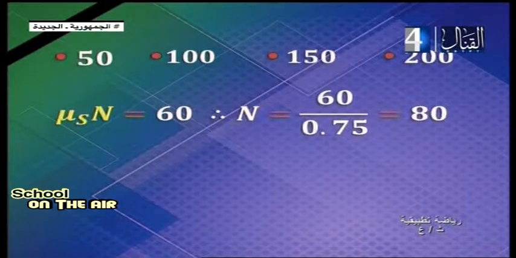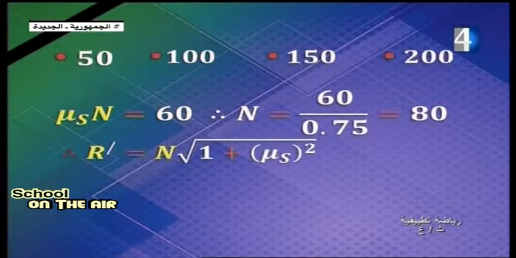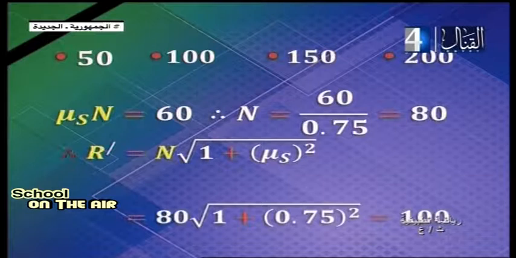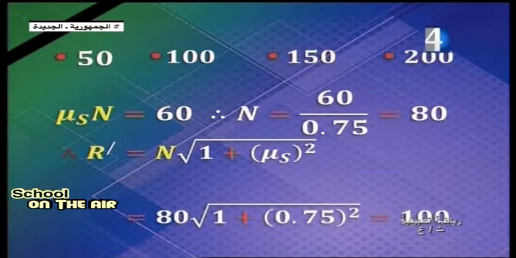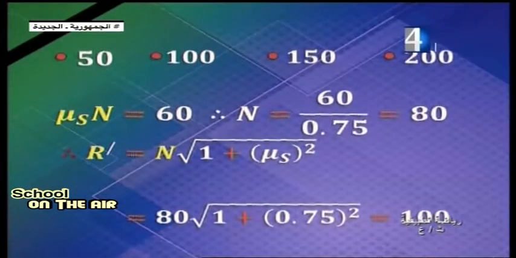Then the normal N equals 60 over 0.75, which is 80. We know that R dash equals N multiplied by the square root of 1 plus mu S squared. By substituting N equals 80 and mu S equals 0.75, we find R dash by using the calculator equals 100. Then this is the answer, 100.